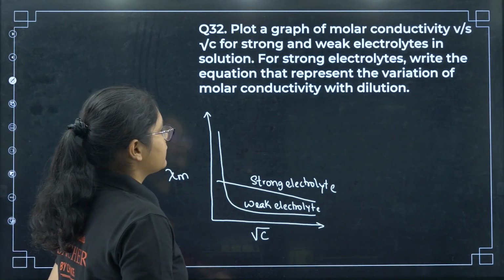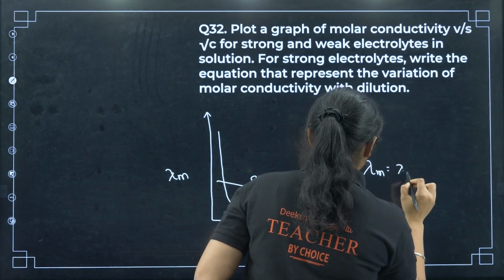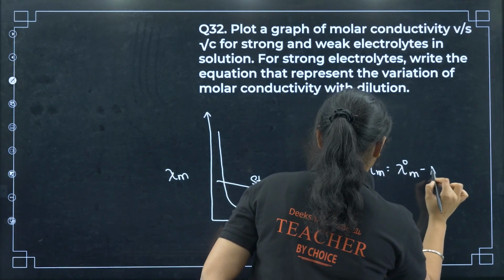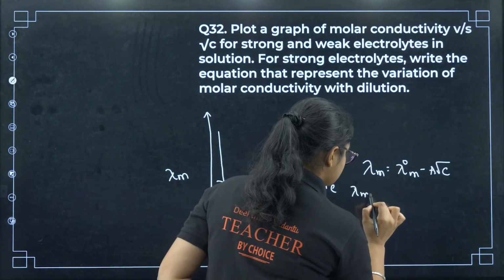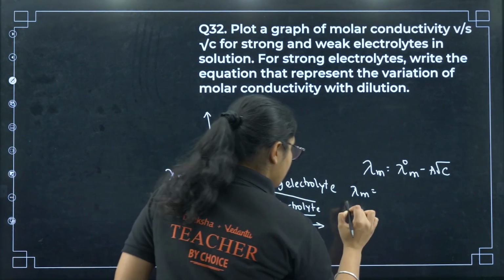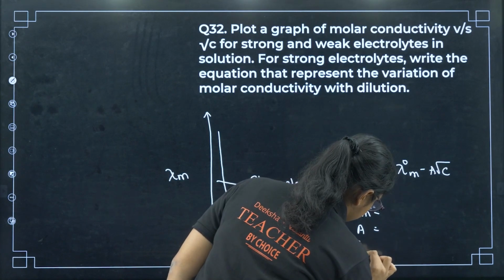Next, for the strong electrolyte, write the equation. So we have Λm = Λ°m - A√c. Here you can explain the terms also. Λm, Λ°m, A and c.